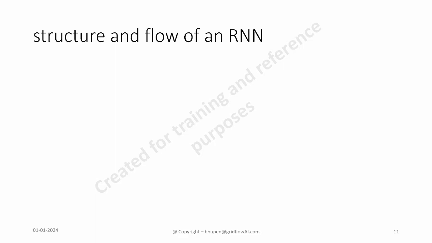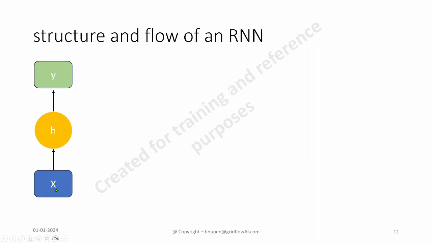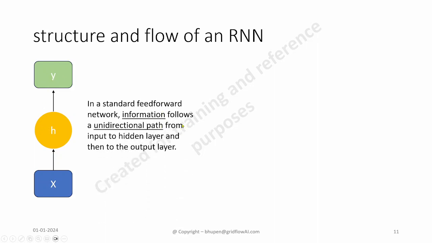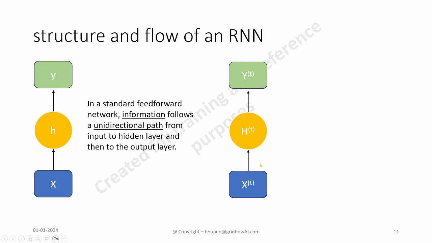Let's take a look at a typical structure and the flow of RNN. So you provide the input, and here is the RNN cell which processes the input and gives you the output. So that happens in a typical, standard neural net. You provide the input and it goes through the hidden layer. In RNN, it will be slightly different. The input will be a time step, that means the word or a token.